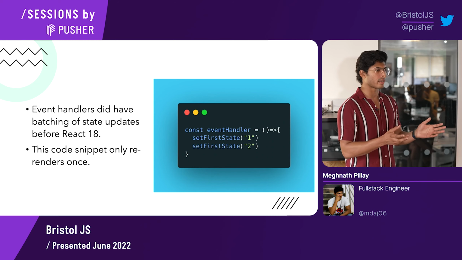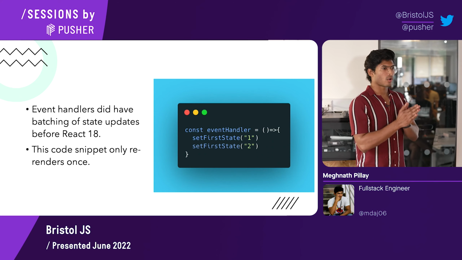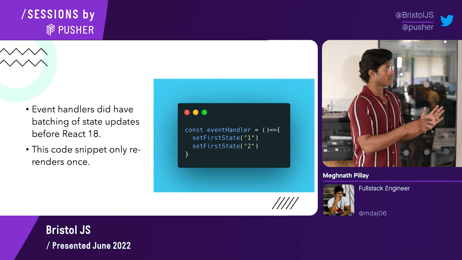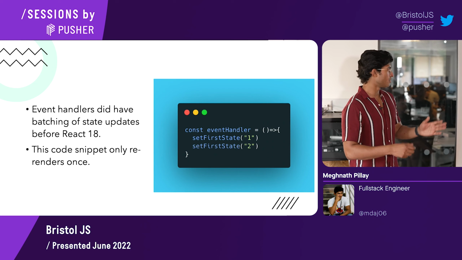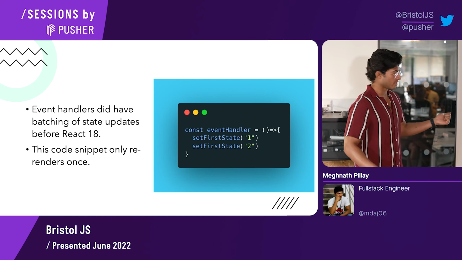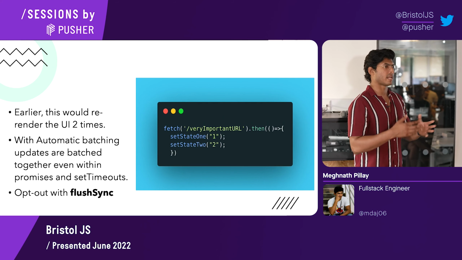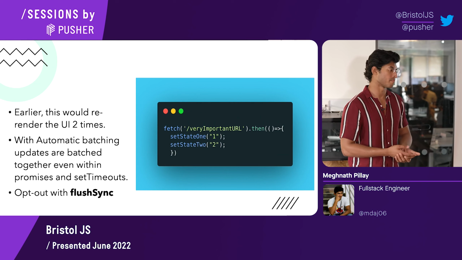So if you have an on click or on key up or key down or something like that, all the set states are batched together. It happens at the end, and the microtask queue takes care of it. And now in React 18, it works with any other function as well, like a promise or a set timeout.